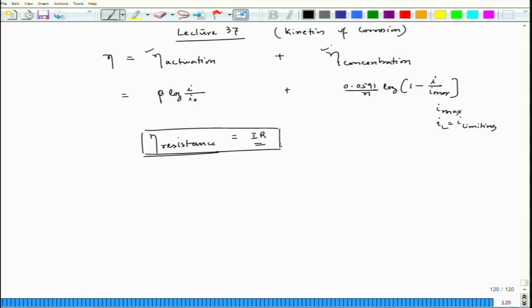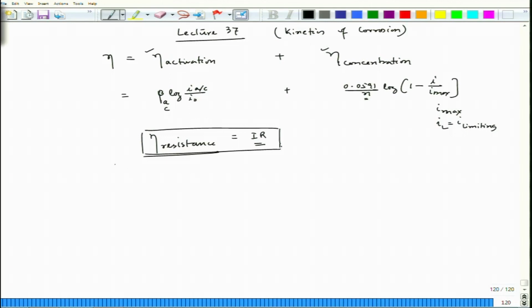Now if I try to plot these two polarizations, remember this beta log I by I0, I can write either A or C, where A is anodic and C is cathodic, and accordingly here also we can write A or C. I0 is nothing but the exchange current density, and n is the number of electrons participating in that redox reaction.